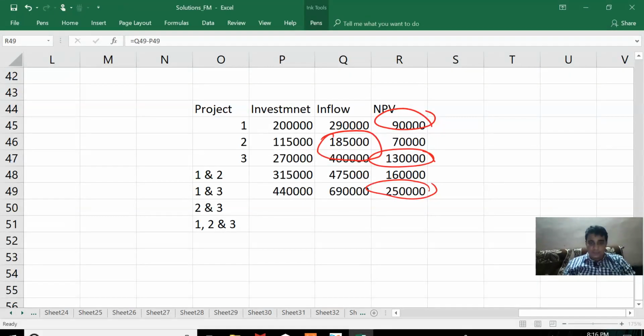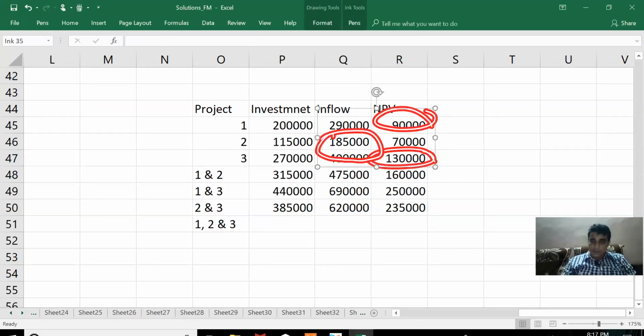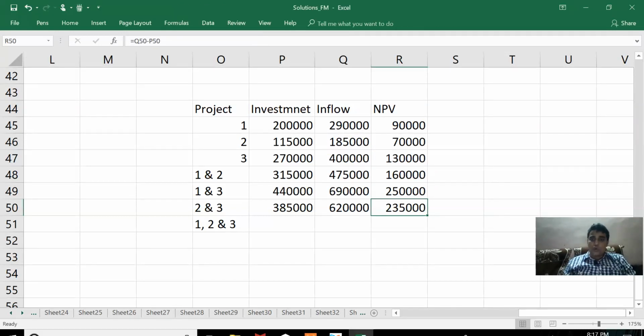So for my 2 and 3 part, this is my investment, but the inflow I am going to get is 6,20,000, and this will give me an NPV of 2,35,000. Again you see, 2 and 3 put together separately is only 2 lakh, whereas here you get 2,35,000.